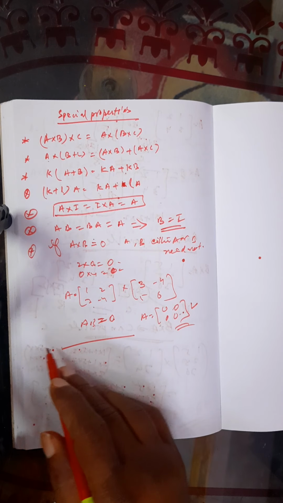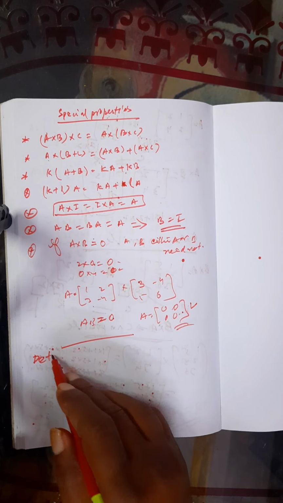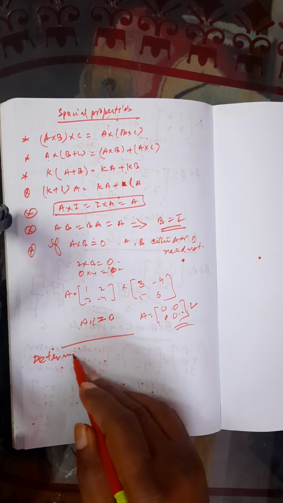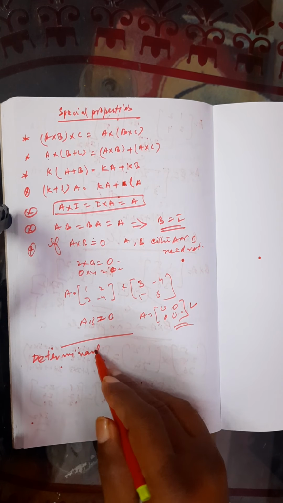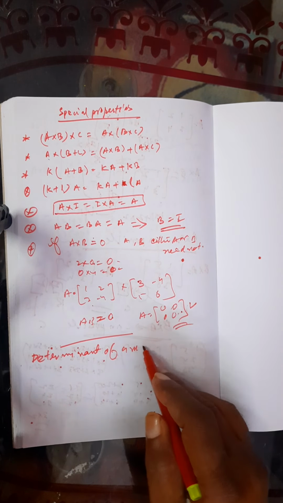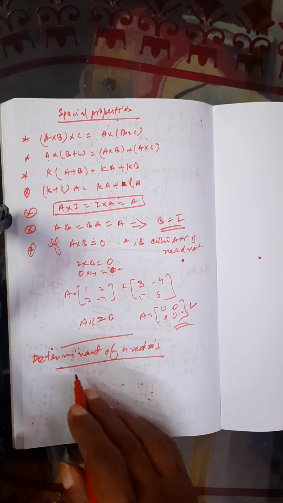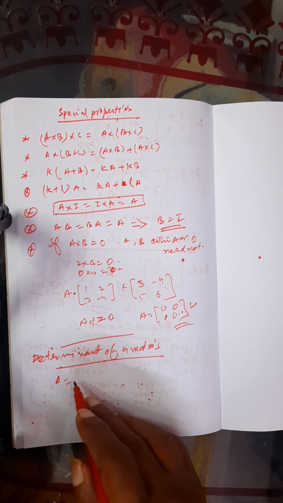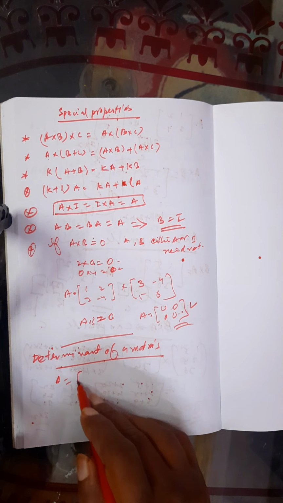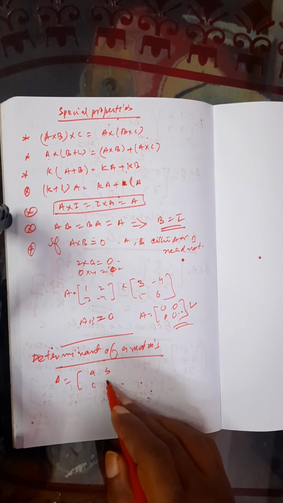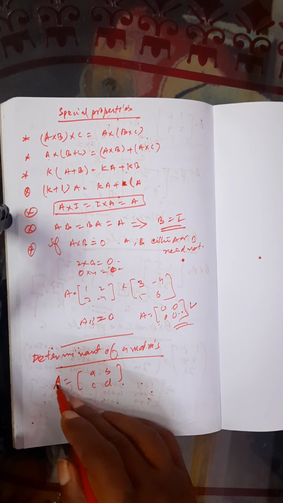Now, determinant of a matrix. What is a determinant? Suppose A is a matrix with entries a, b, c, d.